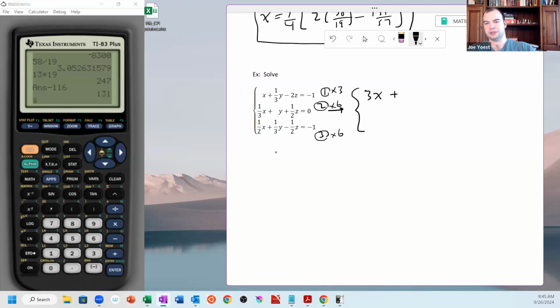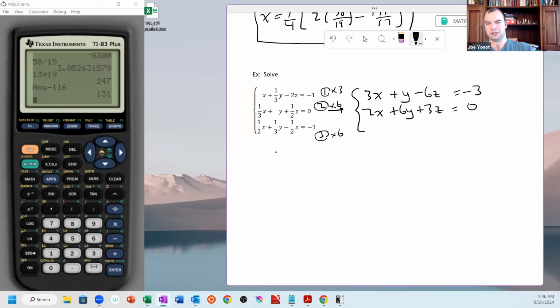So I have 3x + y - 6z = -3. Equation 2 multiplied by 6 gives me 2x + 6y + 3z = 0.